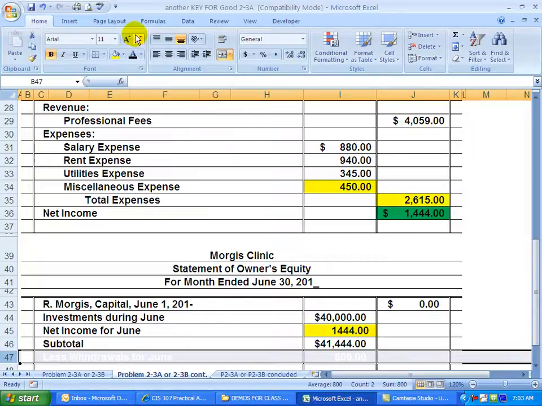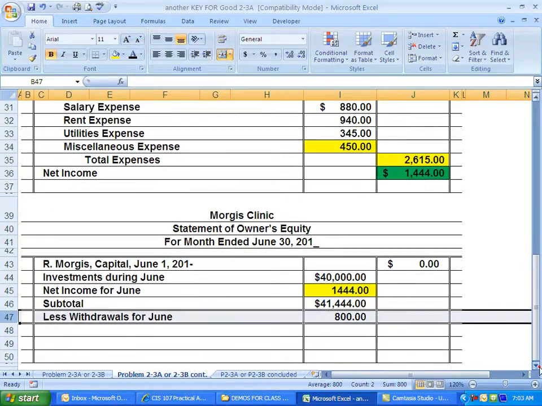And so we're going to write less withdrawals for June. Now notice here that we're going to take this number and subtract 800. So we have to draw a single line under 800. Okay, the difference between these two numbers is going to go right over here.